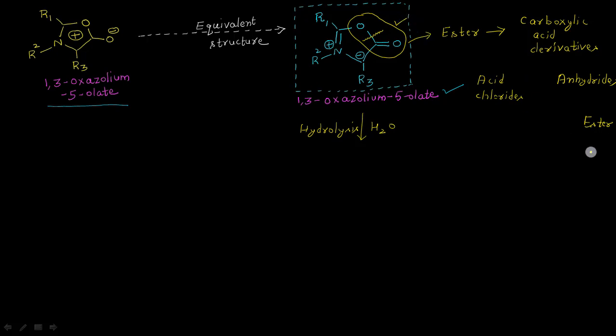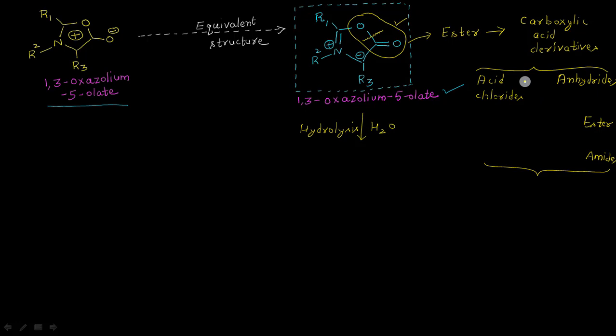And the last derivative of carboxylic acid is the amides, okay. Now why am I telling you that we have these 4 different kinds of carboxylic acid derivatives? Just to make you understand that if we talk about the reactivity of these carboxylic acid derivative molecules, ester is one of them, okay.